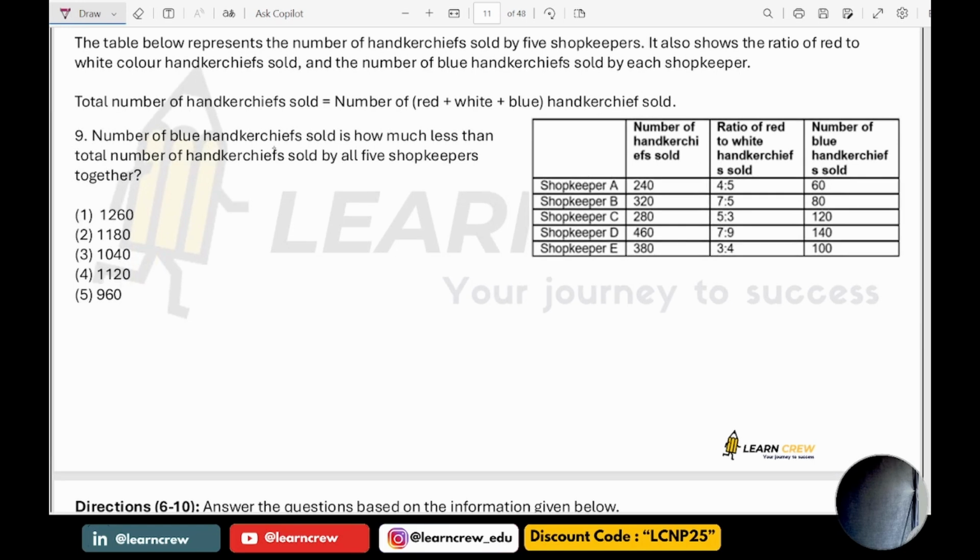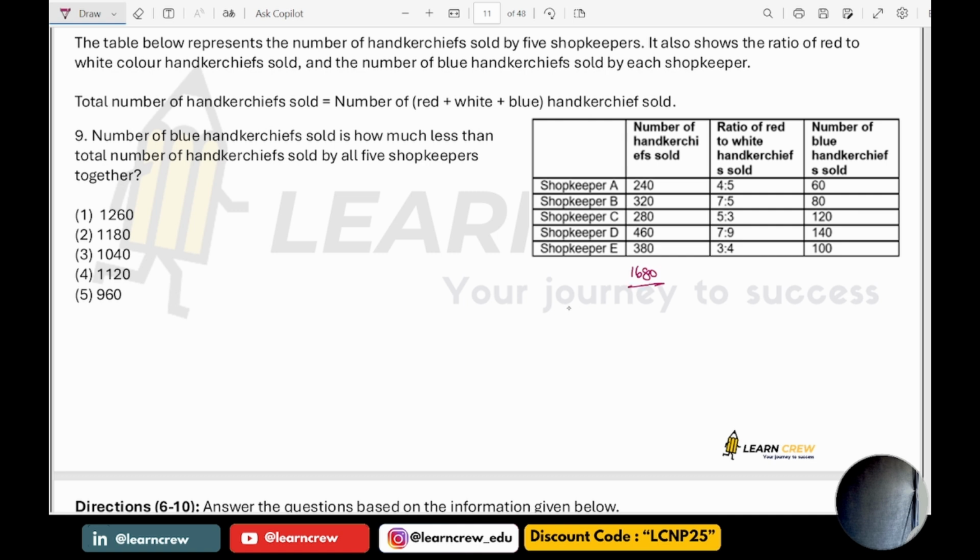Next, number of blue handkerchiefs sold is how much percentage less than number of handkerchiefs sold by all 5 shopkeepers together. Total number of handkerchiefs sold is how much here? It is 1680.